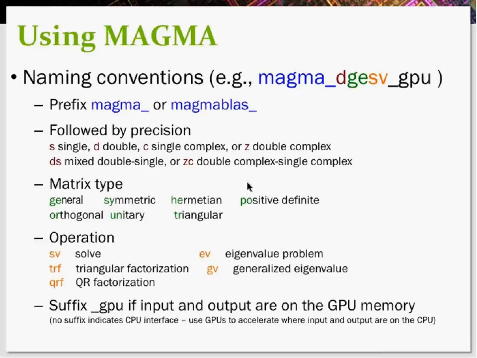So if there is no underscore GPU, that would be the typical LAPACK call, as you would do to call LAPACK without knowing anything about the GPU, and it automatically would offload into the GPU. Similar functionality, for example, is provided by Intel for their package, their MKL for hybrid systems.